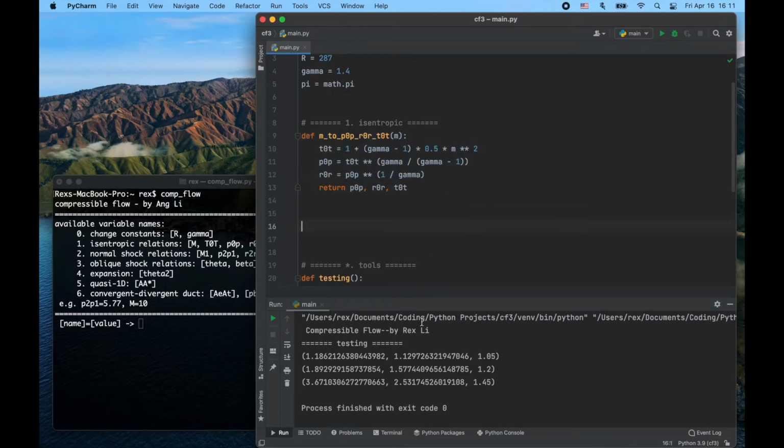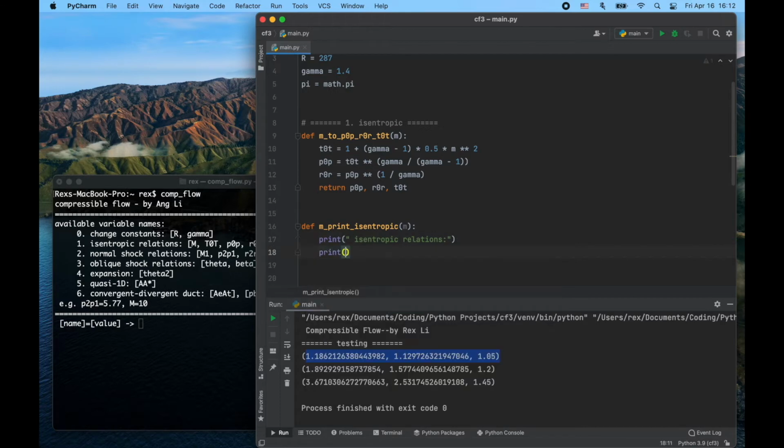However, I would like to print out in a better way other than this tuple. So I'll call my function define and print isentropic. First, I will print this is an isentropic relations.